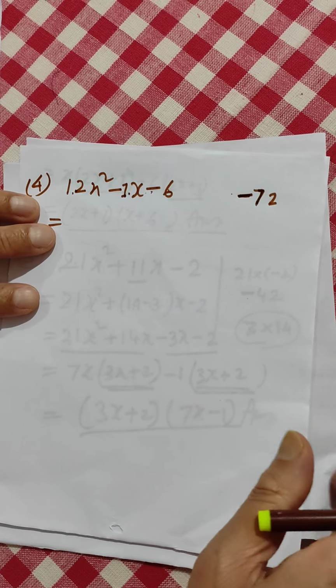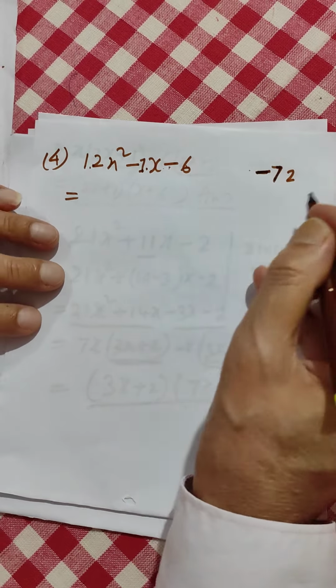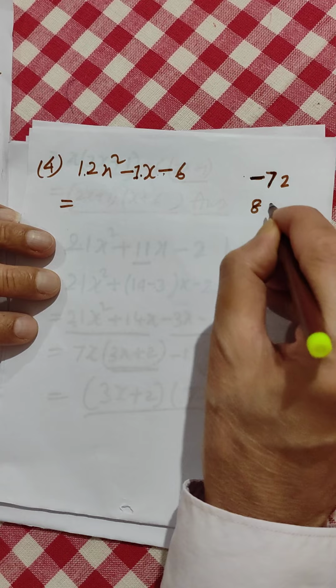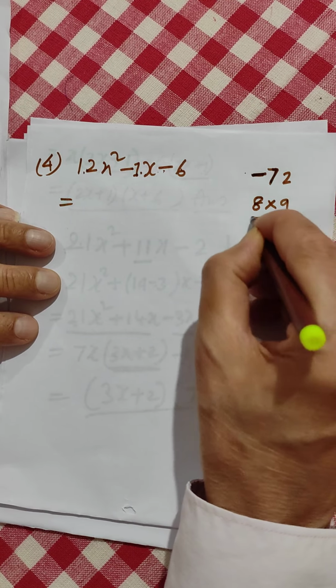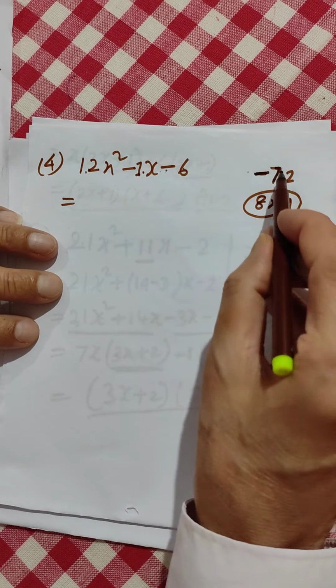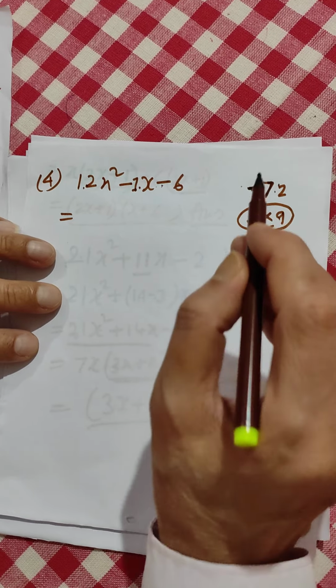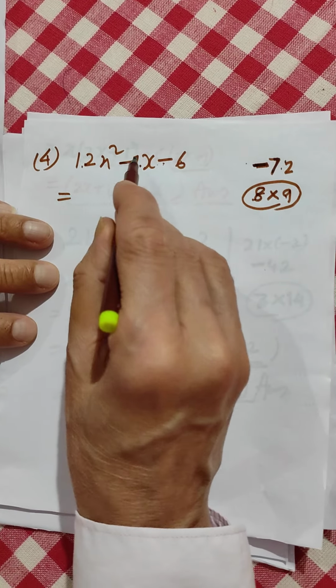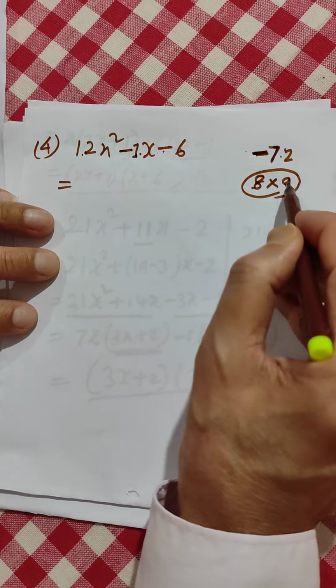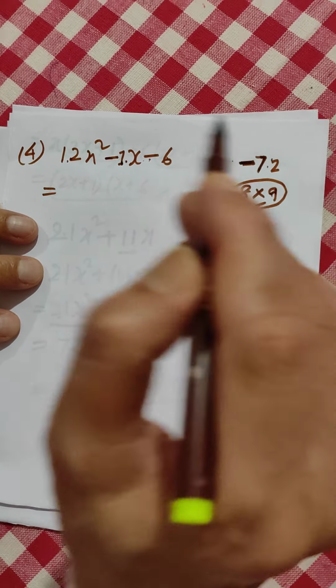Now 72, what are the factors? There are many factors, but we will choose 8 into 9, these two factors of 72. 8 into 9 is 72. Now this is minus, therefore we write 1 as the difference of 9 and 8, that means 9 minus 8 is 1.